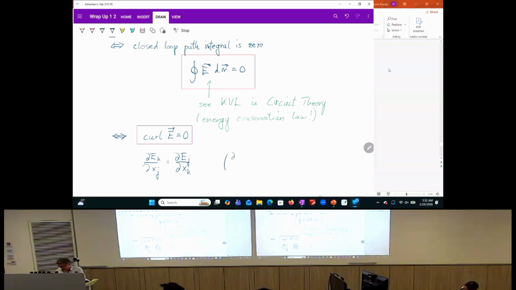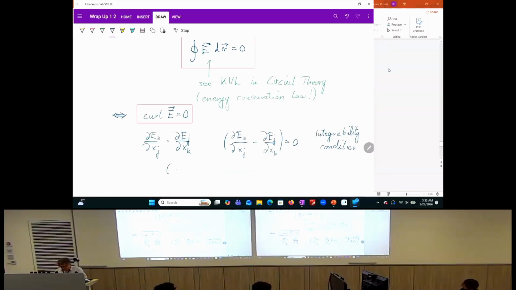This is basically if you take the curl operator and look at the components, every component has to vanish. So you can also write it like that, and that coincides with the integrability condition.